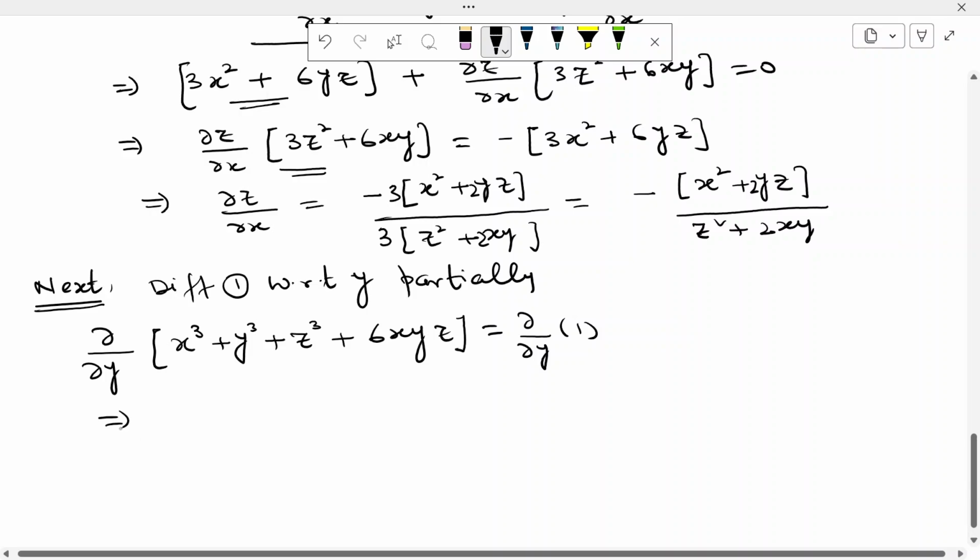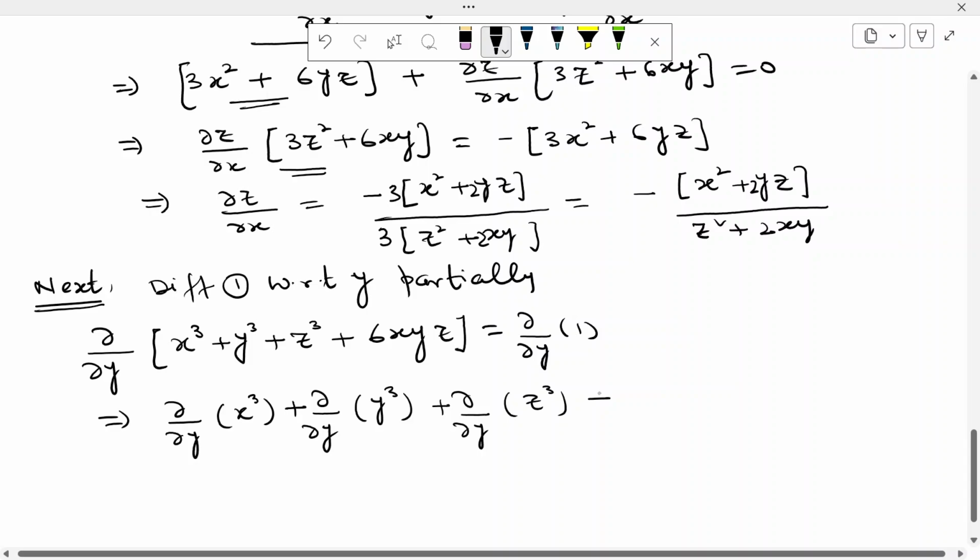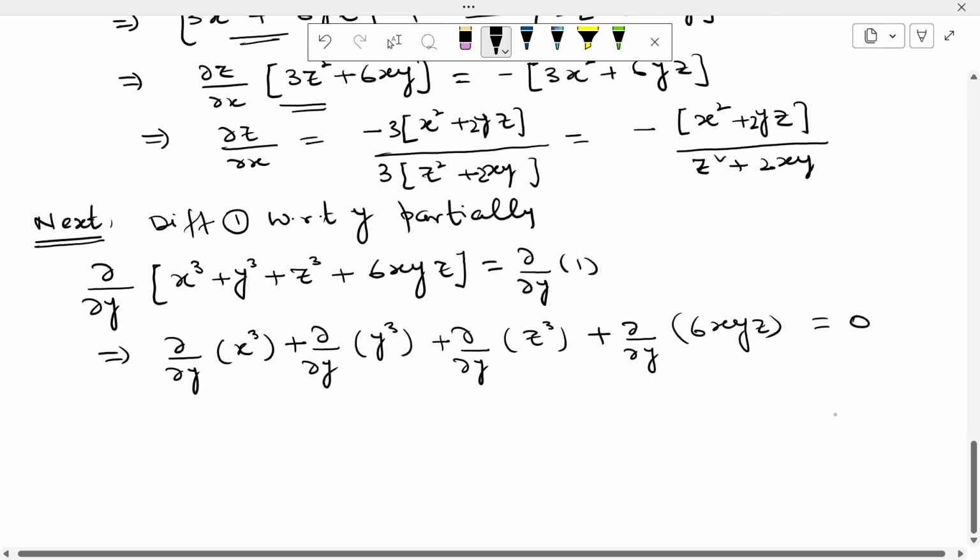So this gives us ∂/∂y of x³ plus ∂/∂y of y³ plus ∂/∂y of z³ plus ∂/∂y of 6xyz, and on the right hand side we again have 0, because this one is constant, so the derivative of a constant is 0.